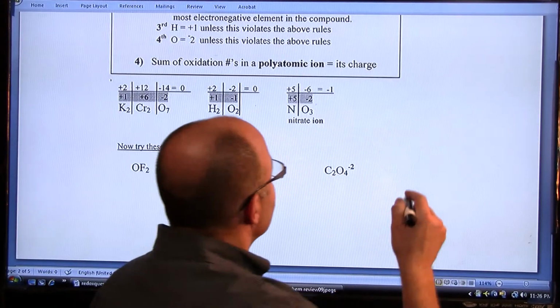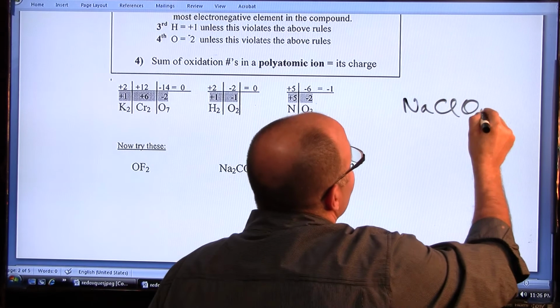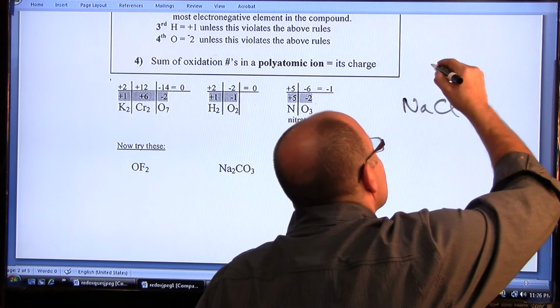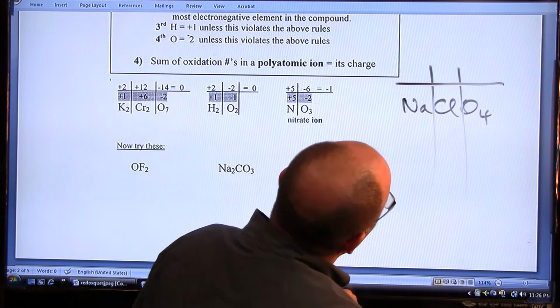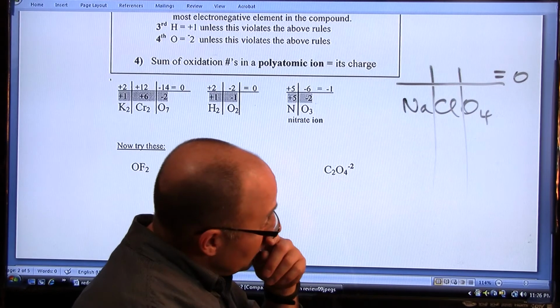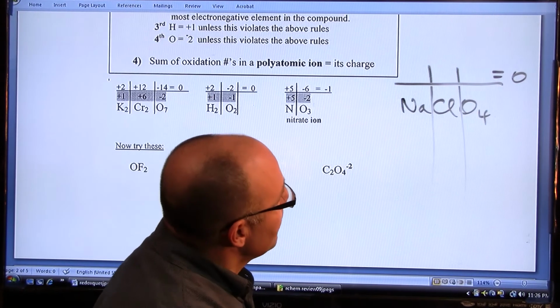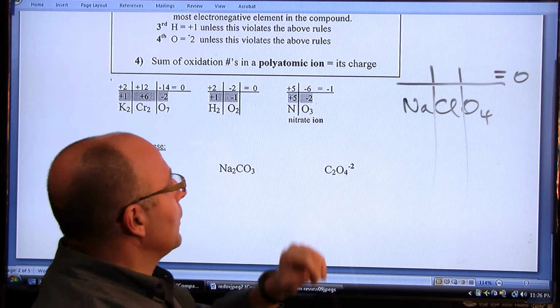Okay, so we have NaClO4. So the first thing I do is I split this up into its elements. And we're going to set the total equal to 0, of course, because, if you recall, this is a compound. It's not an ion where you would see a charge, as in the example here.